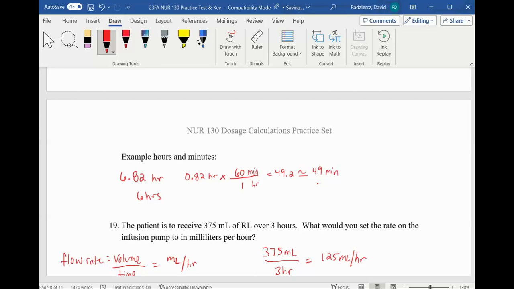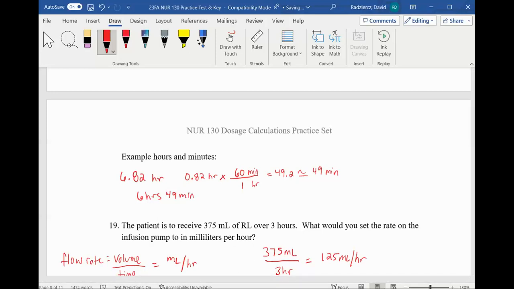If you want to be very specific, you could then multiply that 0.2 by 60. And then 0.2 times 60 is 12. So you could say 6 hours, 49 minutes, and 12 seconds is the exact time that it'll end. But I don't think anyone's going to ask you that. Just Dr. Rad being annoying as far as that's concerned. All right, so 6 hours, 49 minutes.